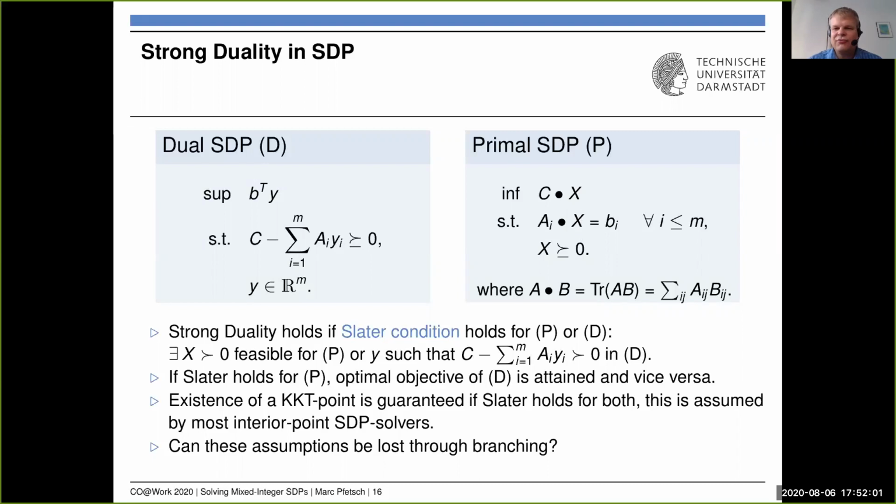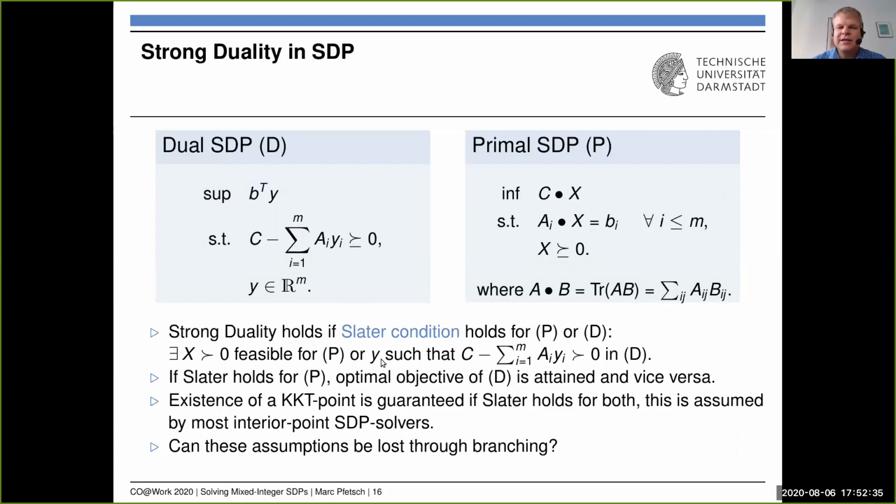And one can derive certain results for this pair of dual problems. For instance, strong duality, that means the objective values of these two problems are equal. This holds if the Slater condition holds for the primal or the dual. In the primal, the Slater condition means that there is an X that is actually positive definite.